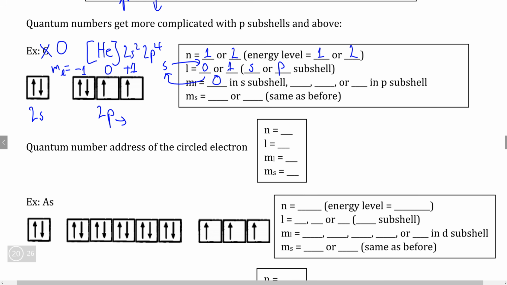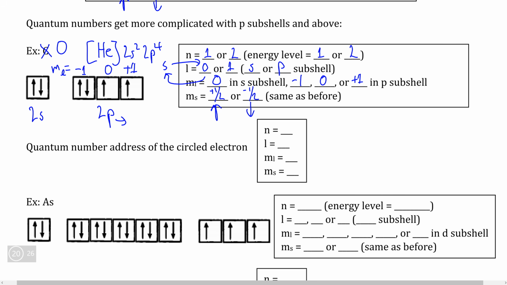So in the p subshell, m sub l can be -1, 0, or +1. And again, with m sub s, it's exactly the same as before. Electrons can either have a spin number of +1/2 if they have a top spin, or -1/2 if they have a backspin.